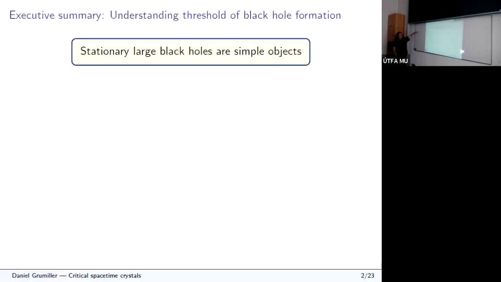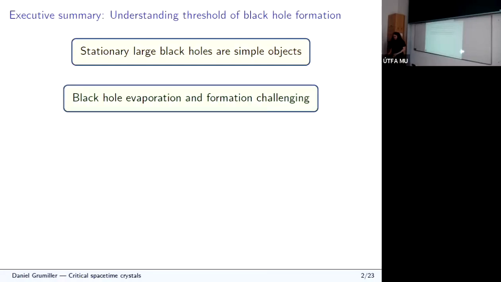So here's the sort of executive summary. The main goal is to understand the threshold of black hole formation. And as you know, stationary black holes are very simple objects. They're fully characterized by a handful of numbers: mass, momentum, and charges. But the processes of black hole evaporation and formation are very complicated.